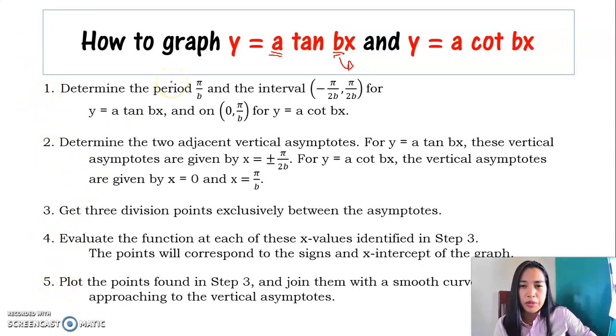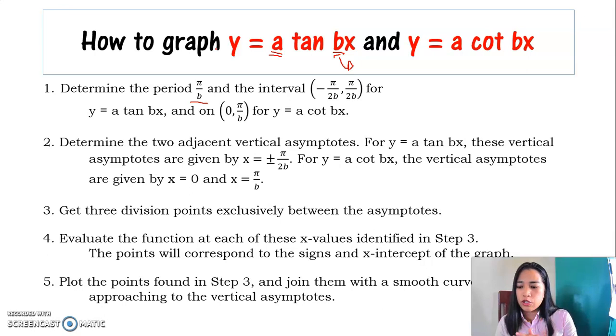So, first, determine the period. So as I said earlier, ang tangent x o cotangent x has the same period, which is pi, diba? So, that's why we have the formula pi over b. Pi over b. Sa ilahan na duha, applicable na sa. Diba sa cosine o sa sine, ang atong formula sa period kay 2 pi over b.